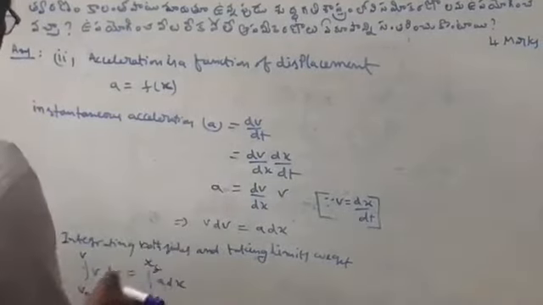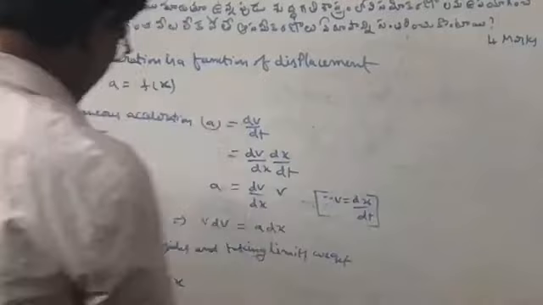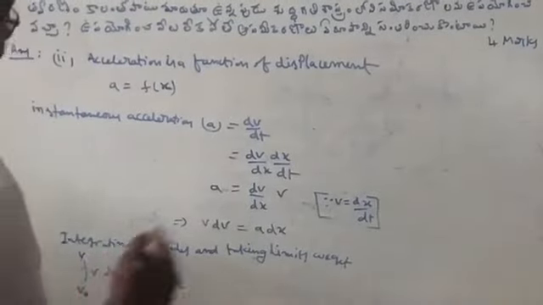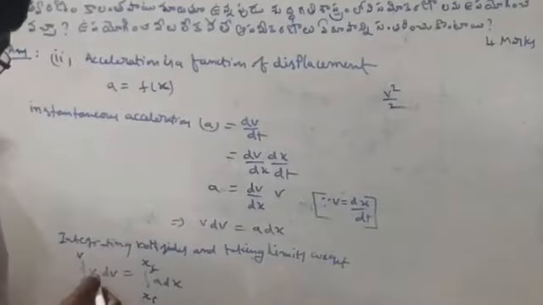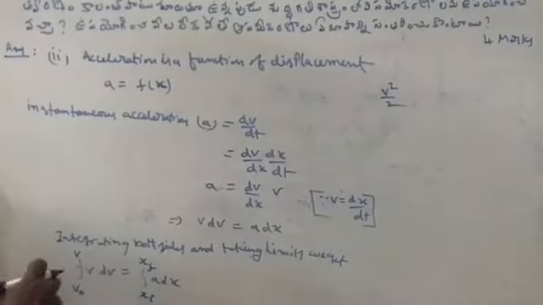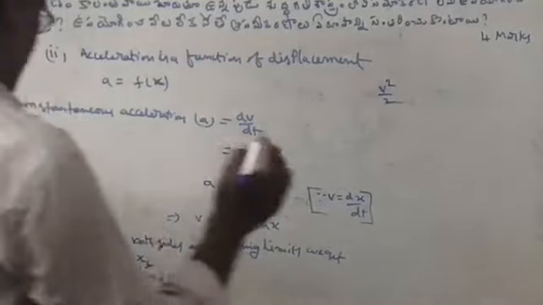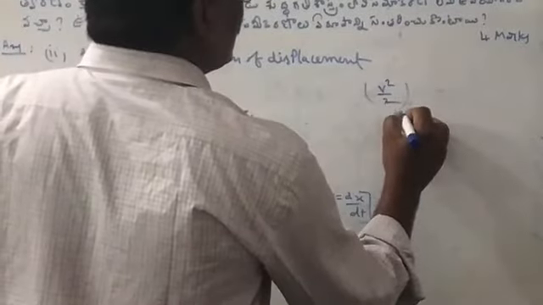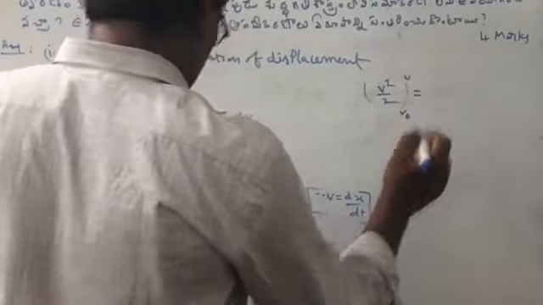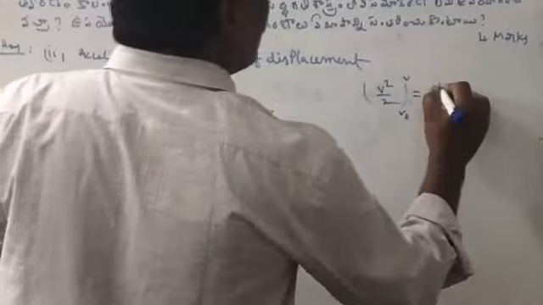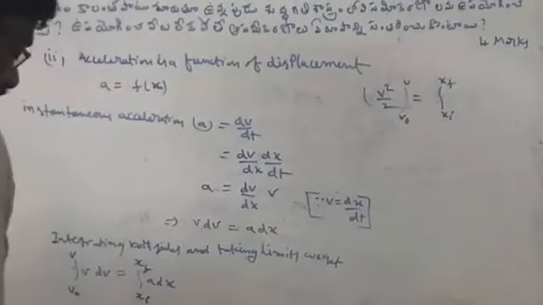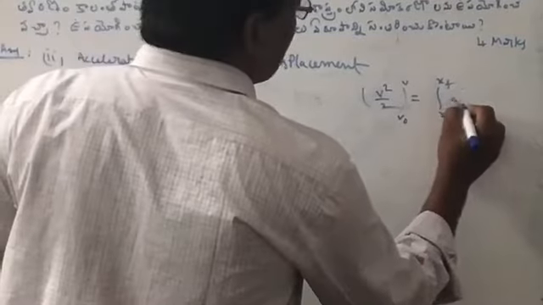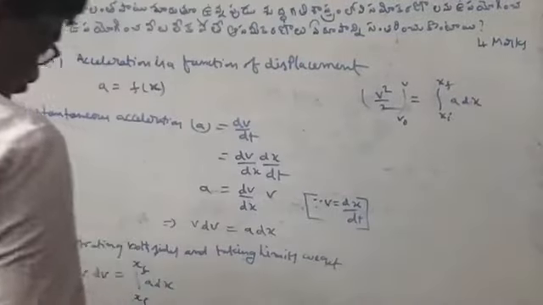Simplifying, integration of v dv is equal to v square by 2. Applying limits, right side integral xi to xf a dx.